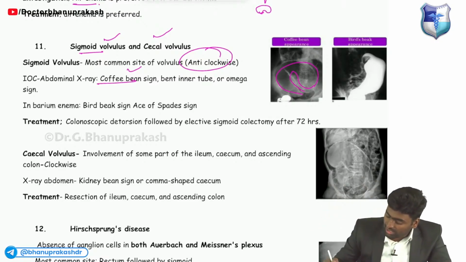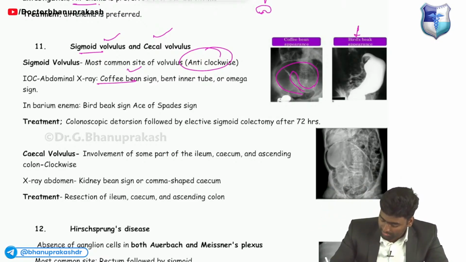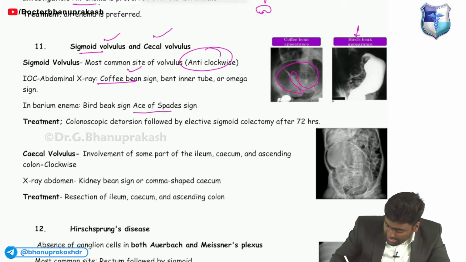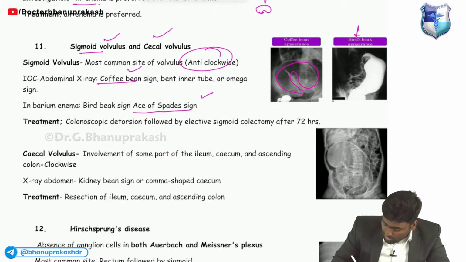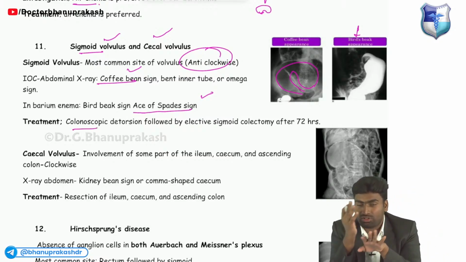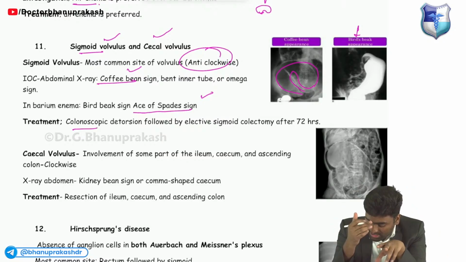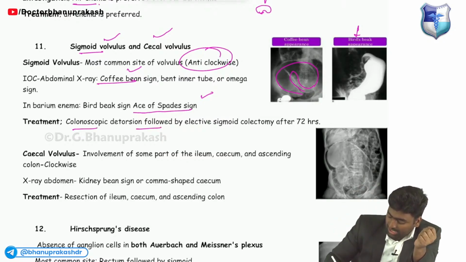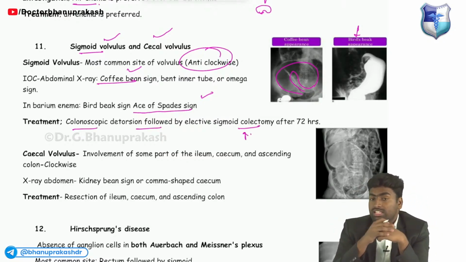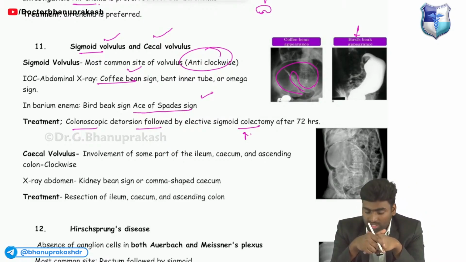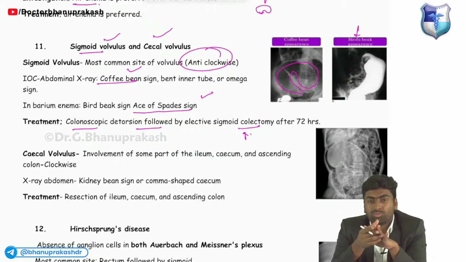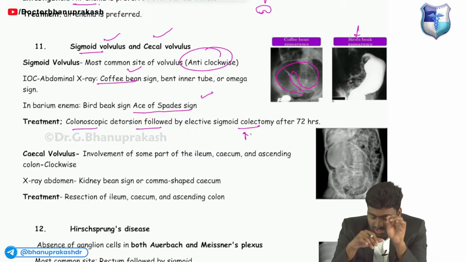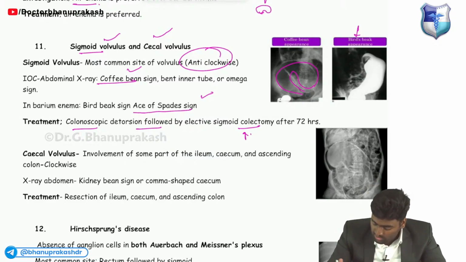On barium enema, you will see the bird's beak sign. For treatment, it is done colonoscopically: detorsion, and removing the sigmoid component. After detorsion, if it is viable, then no issues. If it is not viable, then we need to do the surgical part. Yeah, showing this coffee bean sign.